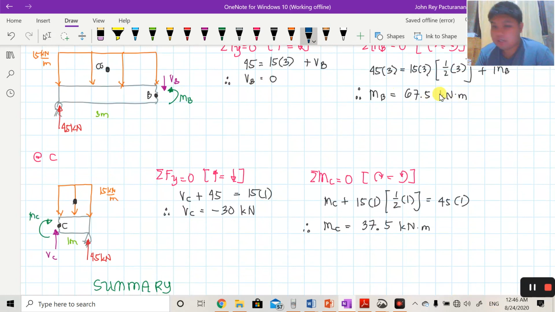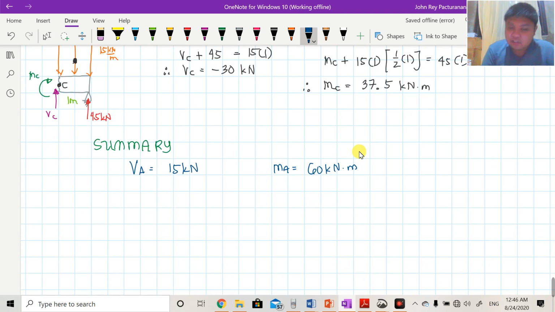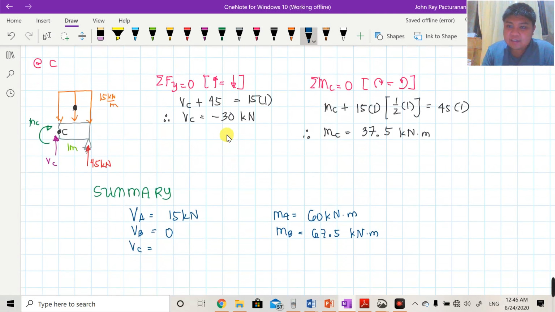Yung moment at B is 67.5 kilonewton meter. Lastly, yung shear ng C, kasosolve pa lang natin as negative 30 kilonewton. And yung moment at C is equal to 37.5 kilonewton meter.